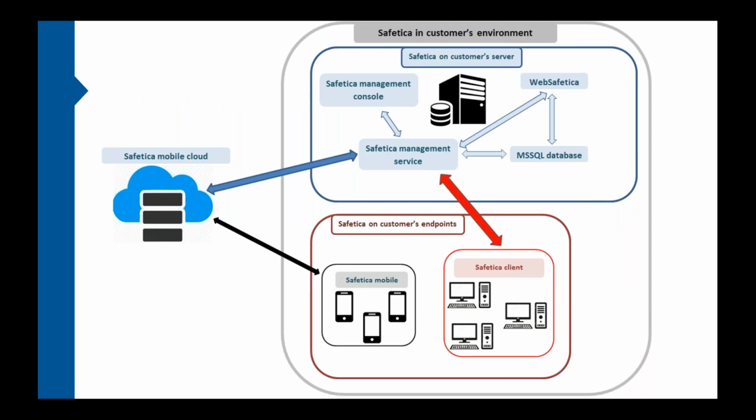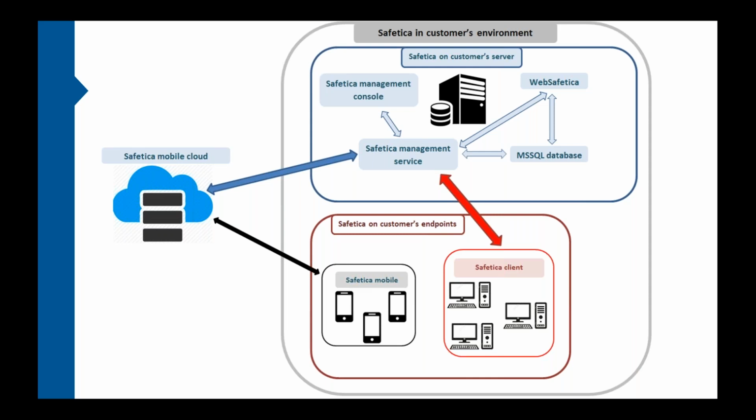Before we start and have a look at the video on how Safetica interacts with the endpoint users, first I would like to introduce you to our Safetica architecture. Safetica is a client-server based solution. The main service, the heart of the product, can be run on premises, but the solution is also made for cloud services.